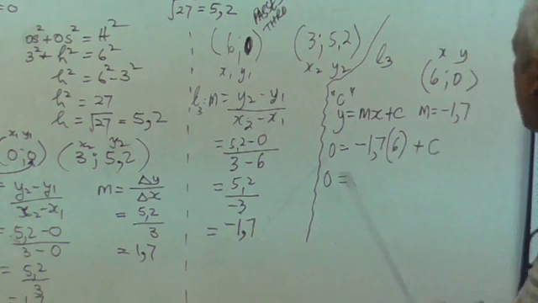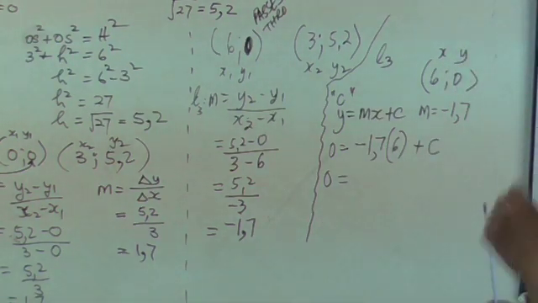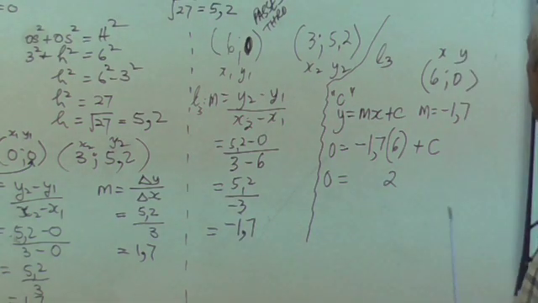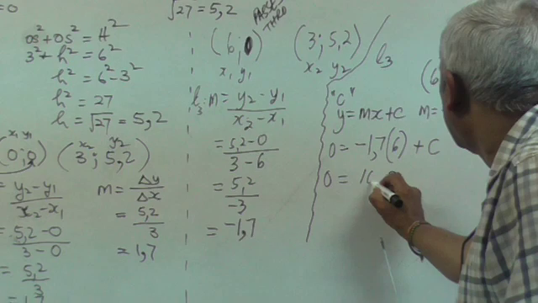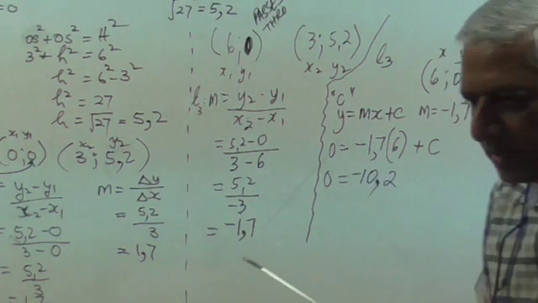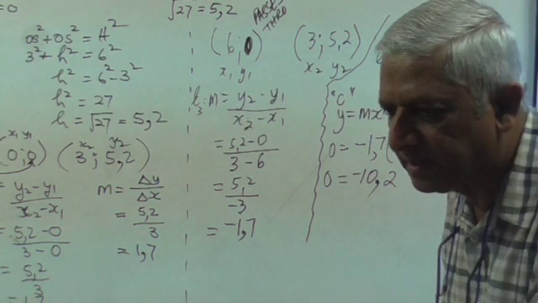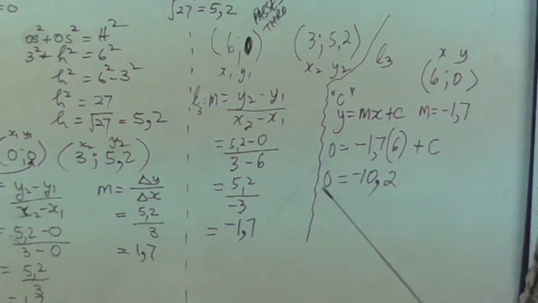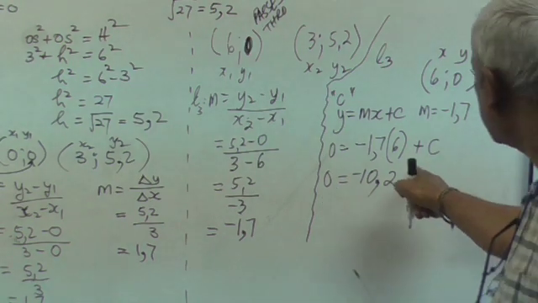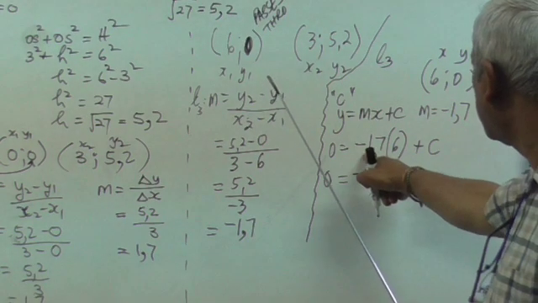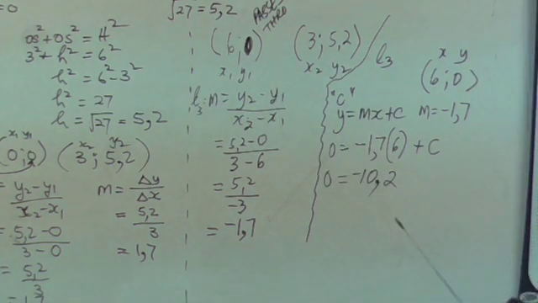0 is equal to, now we multiply that, 1.7 times 6. I think you will get -10.2. Let's just check that with the calculator. Six sevens 42, carry 4. 6 ones are 6 plus 4 is 10, so 10.2.